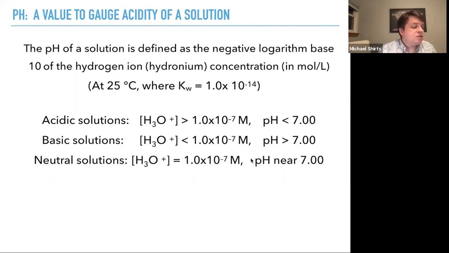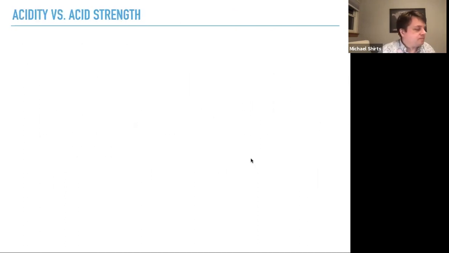For neutral solutions, the concentration of hydronium is right around 10 to the minus 7th, and pH is near 7.0. You don't go around saying, oh, the pH is 6.95, therefore it's acidic. Well, it's close enough to 7 to be neutral. Generally, it's near neutral within 1 log unit or so.